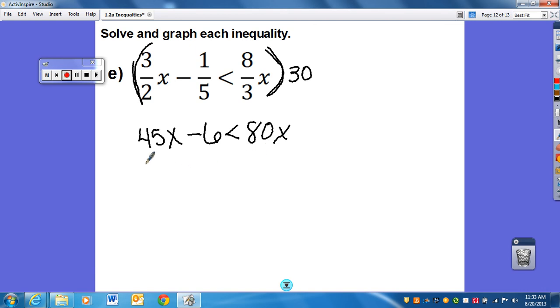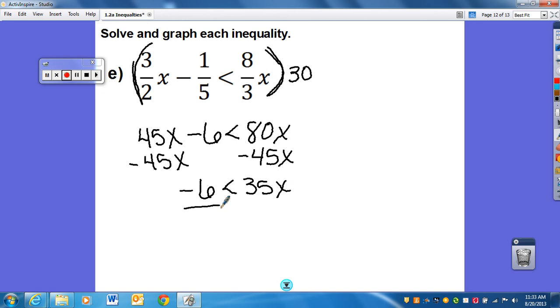Since I have variables on both sides, I'm going to move one of them, and I'm going to choose to move the 45x to the other side by doing the opposite operation, which I'm going to use subtraction. So that leaves me with negative 6, keeping my symbol. 80 minus 45 leaves me with 35x.